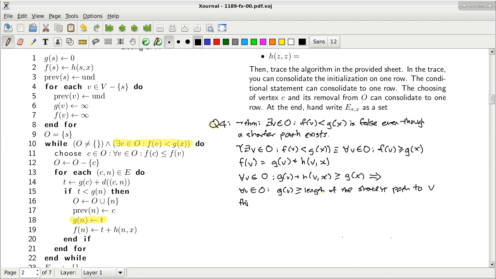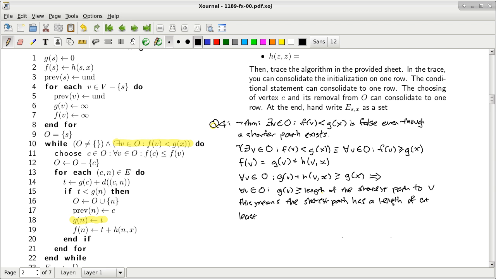Okay, so we say that this means the shortest path has a length of at least, okay, I think my logic is not making sense to myself, so let me think about this a little bit.